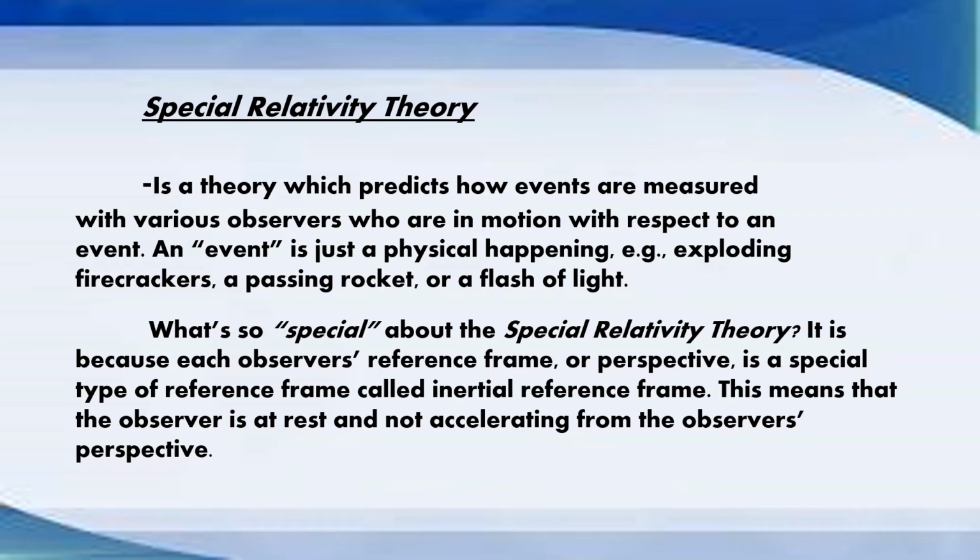It is because each observer's reference frame or perspective is a special type of reference frame called an inertial reference frame. This means that the observer is at rest and not accelerating from the observer's perspective.